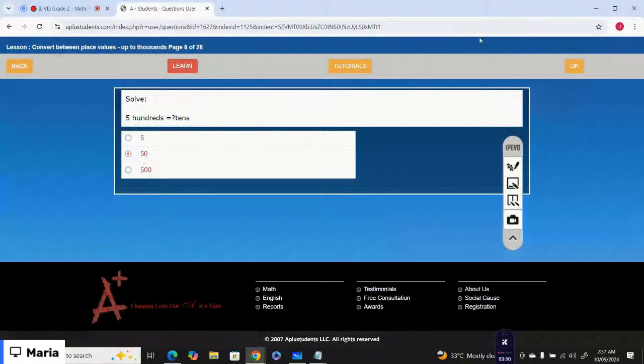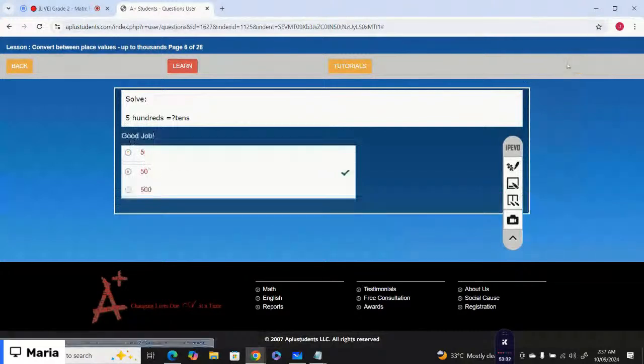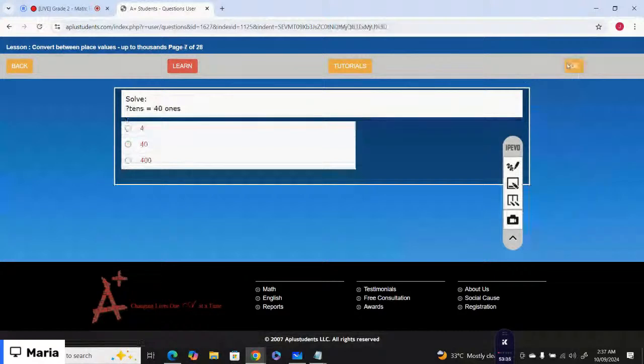Option number 2 is the correct option. 40 ones equal how many tens? 40 ones equal 4 tens. The correct option is 4.